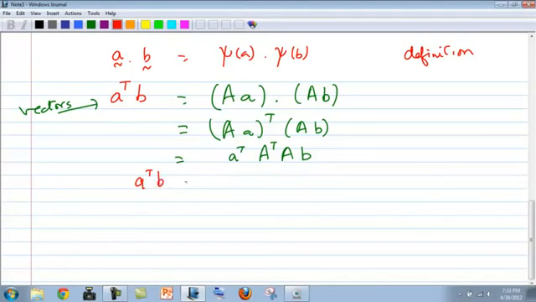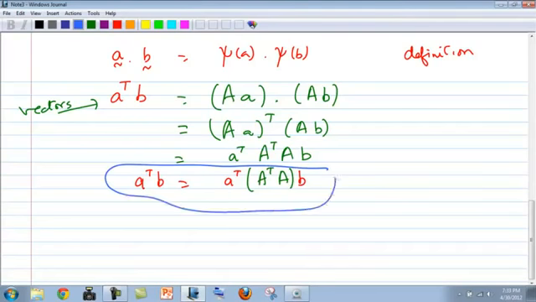Therefore, A transpose B equals A transposed A transposed A B. So this is a relationship which is true for all choices of A and B.